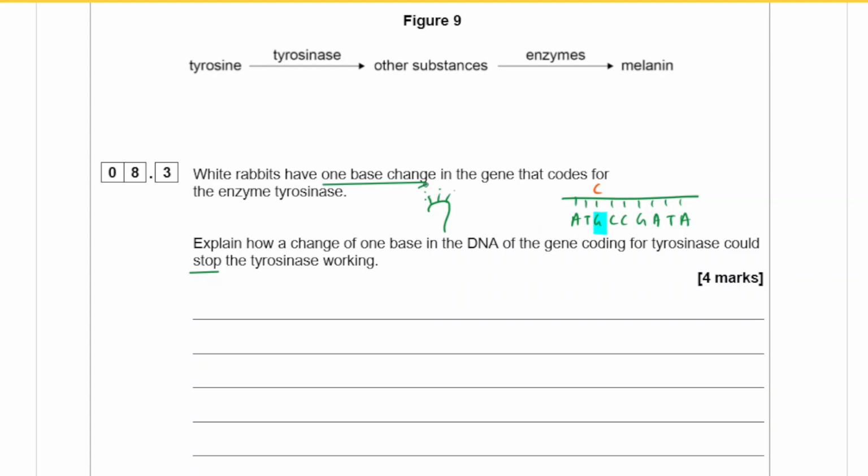So it should be T, A, and C. Now, if it has C instead here, then it would be T, A, and G, which would code for a totally different amino acid that the tRNA is carrying, which changes the shape of the enzyme, which means the active site will actually change.